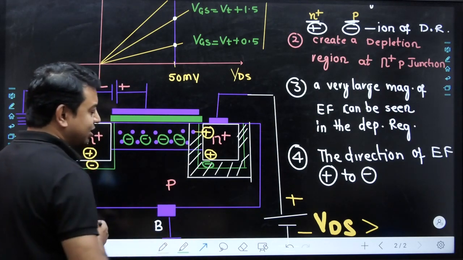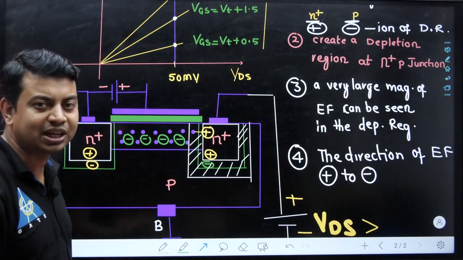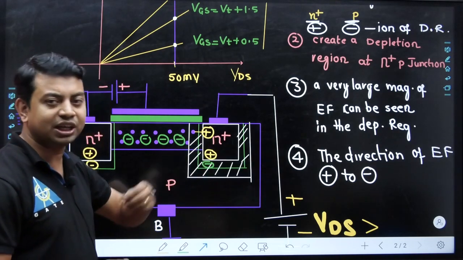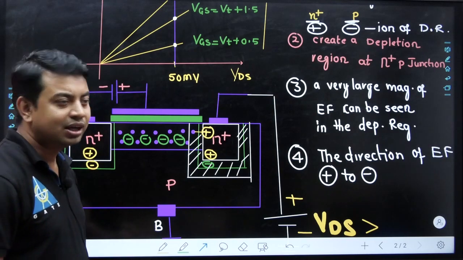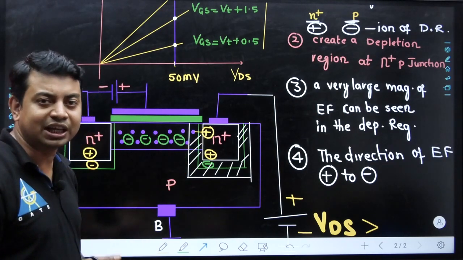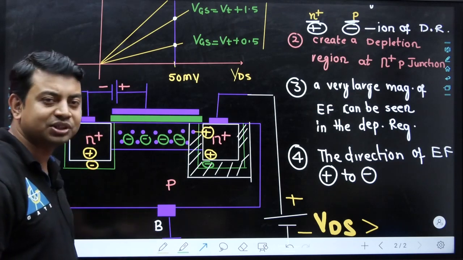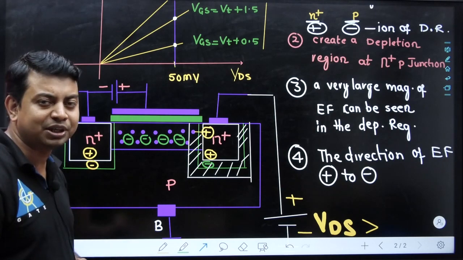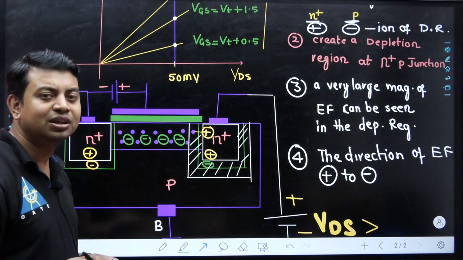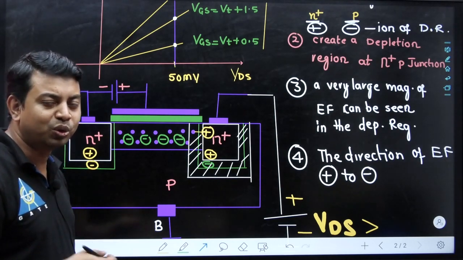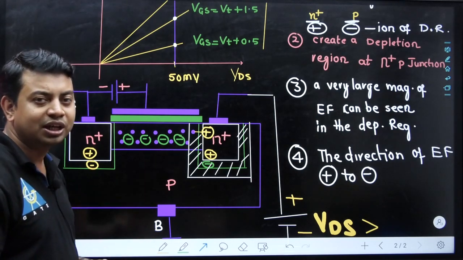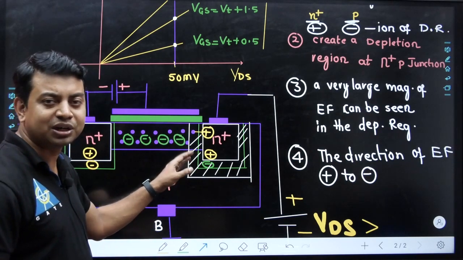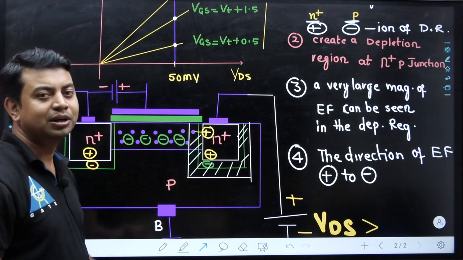If the electrons are attracted toward the positive side, we can say in other words that by increasing the value of VDS, the depletion region between drain and the body will increase, and no electrons are present inside this depletion region. If no electrons are present inside the depletion region, then the depletion region will overtake the electrons' position, and we are having a smaller amount of electrons at this particular drain end.